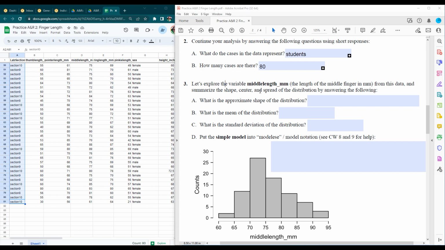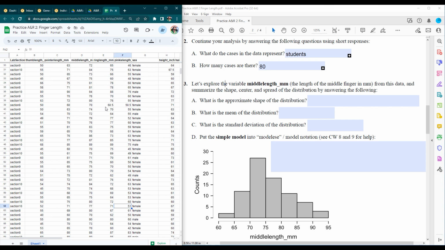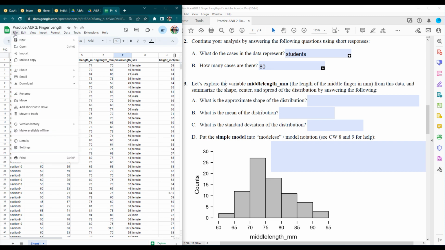Now, let's explore the variable middle length from this data set by summarizing the shape, center, and spread of the distribution, and then also the simple model. So at this point, it's going to help us to bring this data into JASP. So I'm going to start by going to File and downloading a copy of this data set.